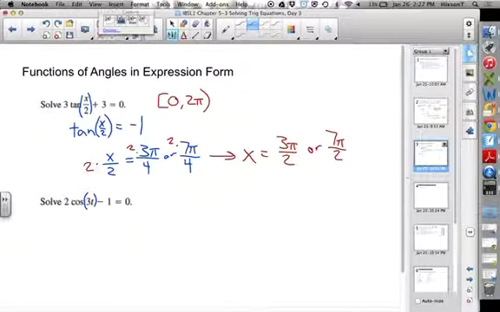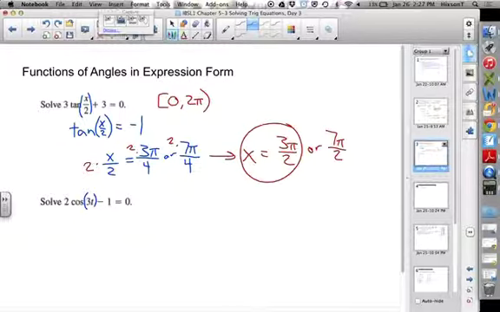You can find the coterminal angles, right? If we subtracted 2 pi from this, what would we get? 3 pi over 2. Subtracting 2 pi from that, we're below 0, right? So actually the only solution within our interval is this.